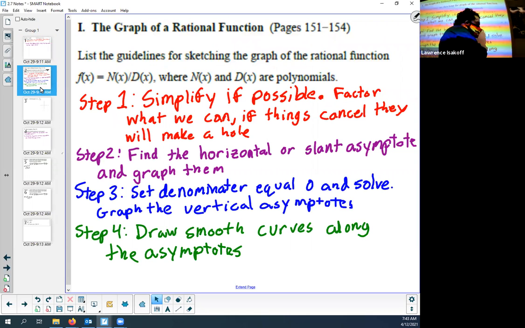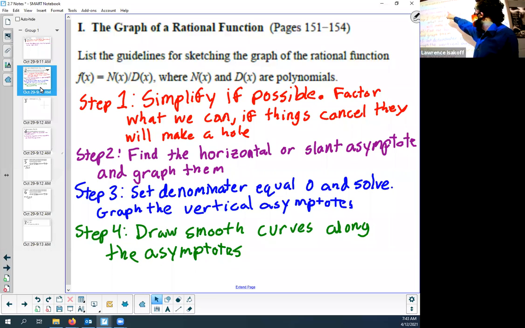So here's what we are going to do to help us graph each time. These are the 4 steps we want to follow. List the guidelines for sketching these for any rational function where n of x is the numerator and d of x is the denominator. First, simplify if possible.